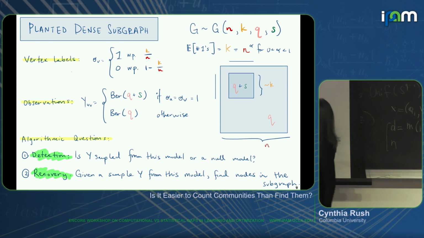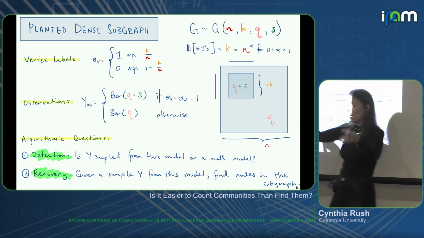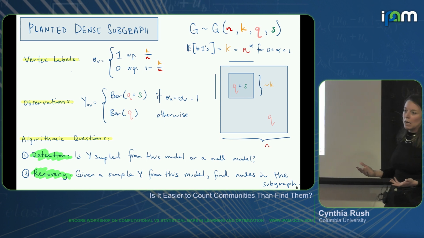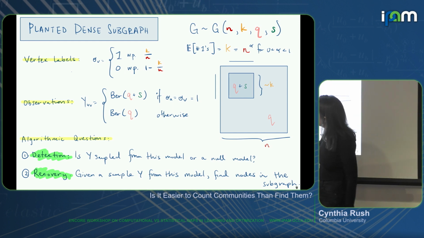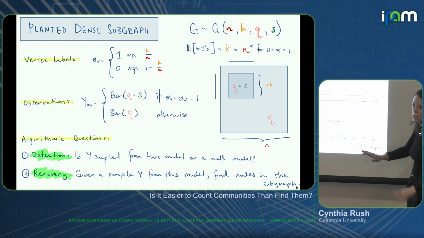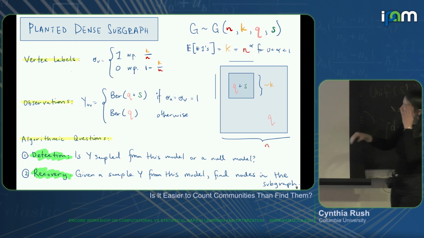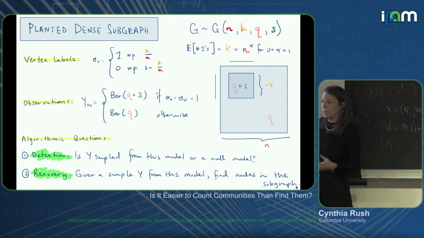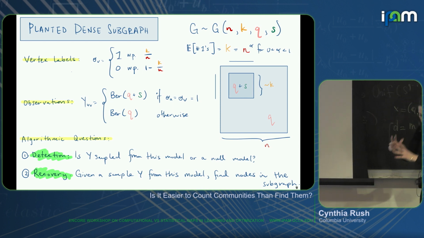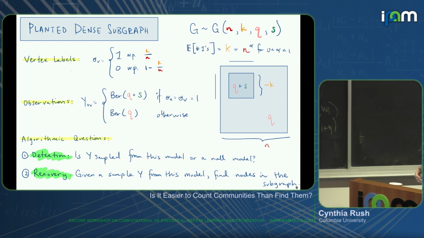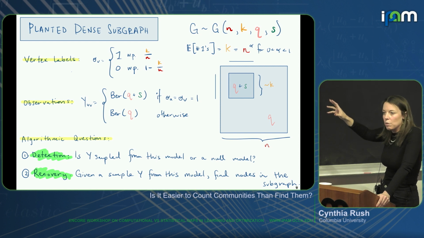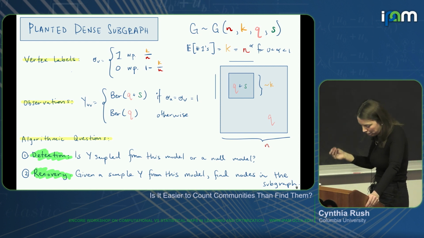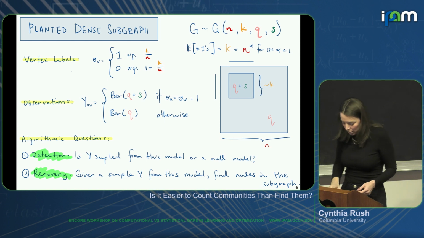So the idea is, if I have my adjacency matrix Y, can I do a hypothesis test and say something about whether my adjacency matrix was sampled from this model or whether it's just from a null model that would be an Erdos-Renyi graph? And then the other problem that people are interested in is recovery, right? So given that we have a graph that comes from this model, can we actually recover the nodes in the planted subgraph?